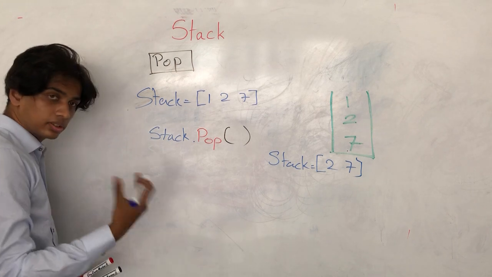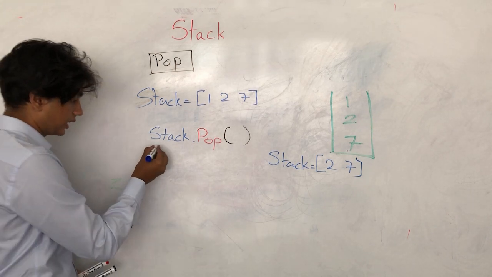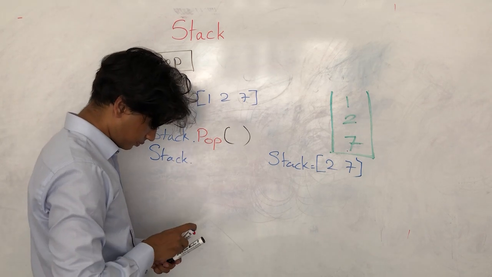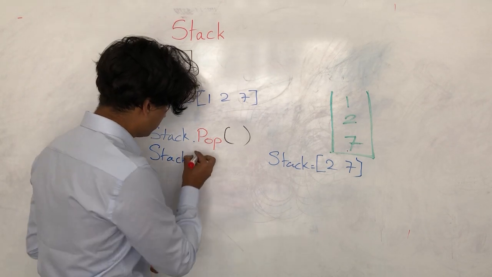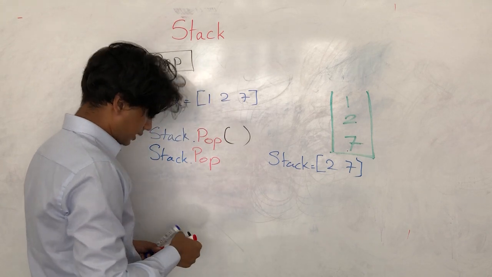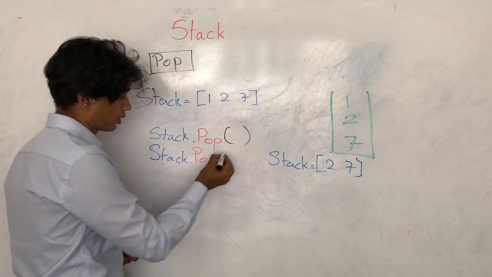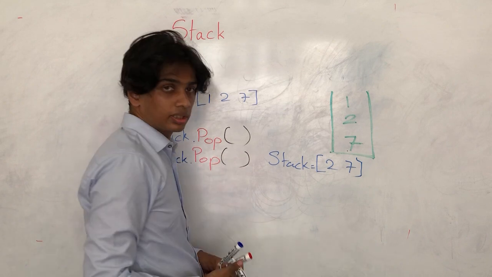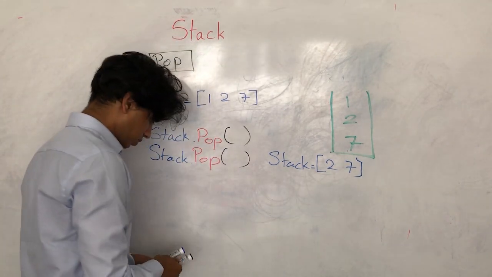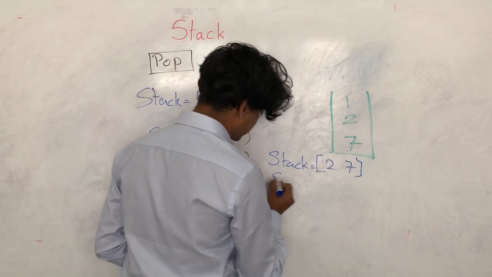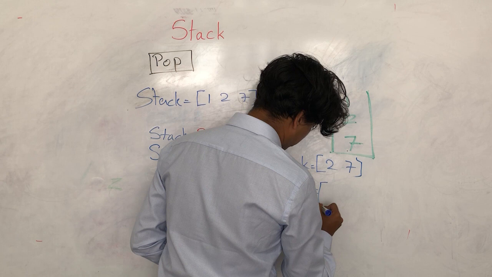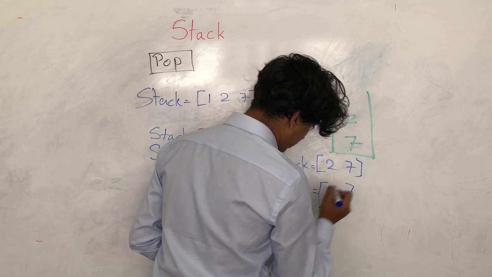And if we are going to do the same again, stack dot pop, it takes the last element at that current state, which will be number 2. So now we are going to have a stack with only 1 element, which would be number 7.